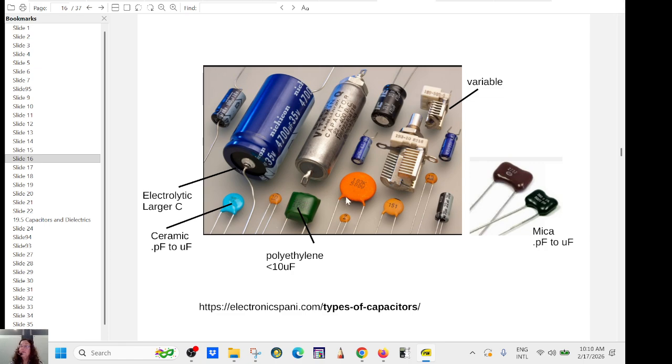So these are types of capacitors that we use today. Of course, on a PCB now they are able to print them, right? They don't use those cylinders except the one I showed you. But you have variable capacitors, you have all kinds of capacitors. Is that clear?